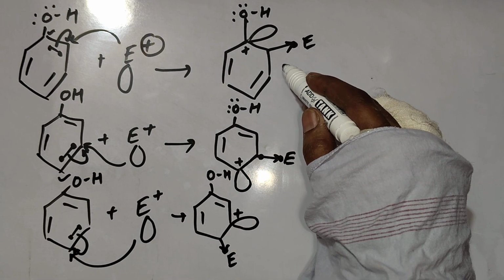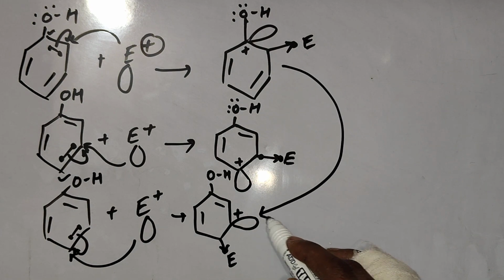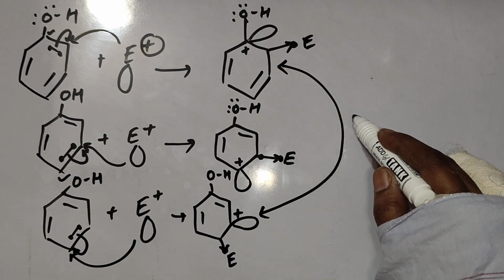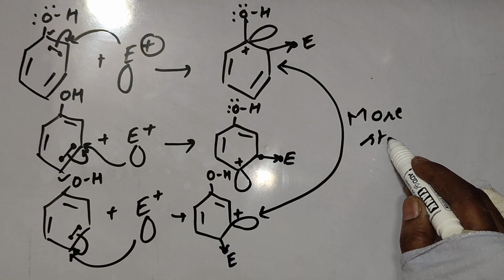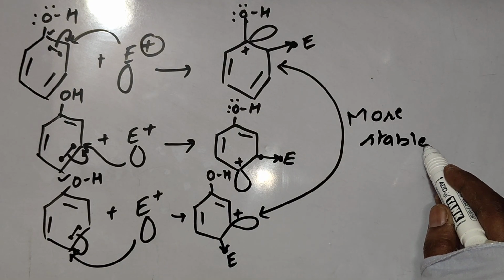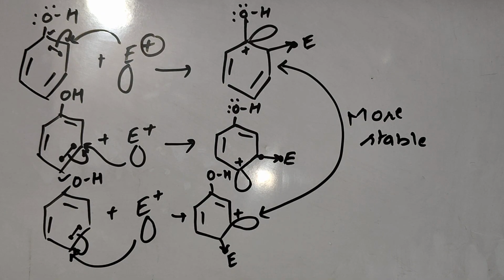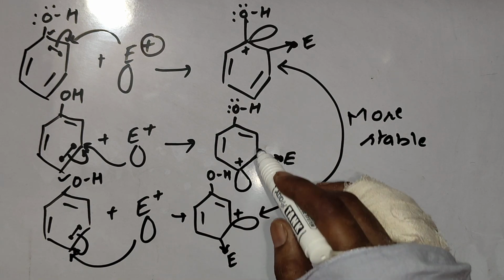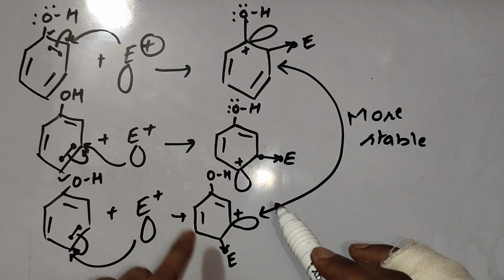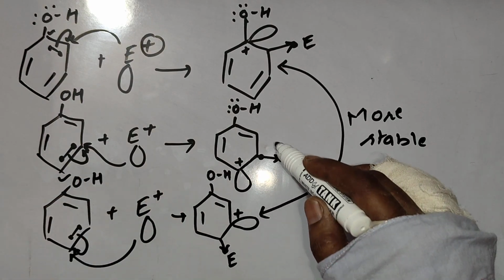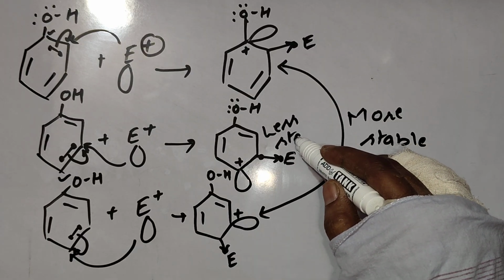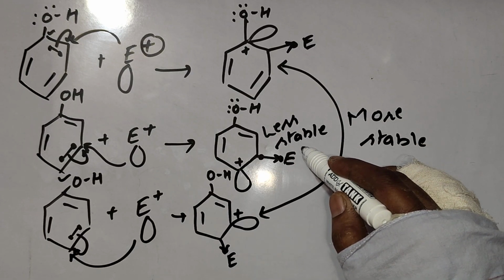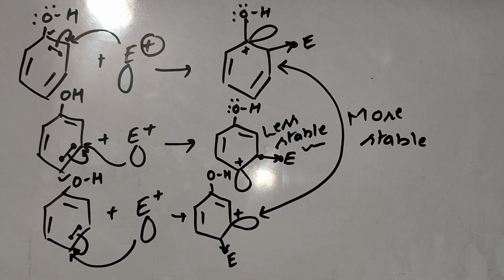Let me tell you, these two carbocations are more stable, meaning the carbocations generated after attack on the ortho and para positions by the electrophile. And this carbocation, generated due to meta attack of the electrophile, is less stable. The reason we will discuss right now.